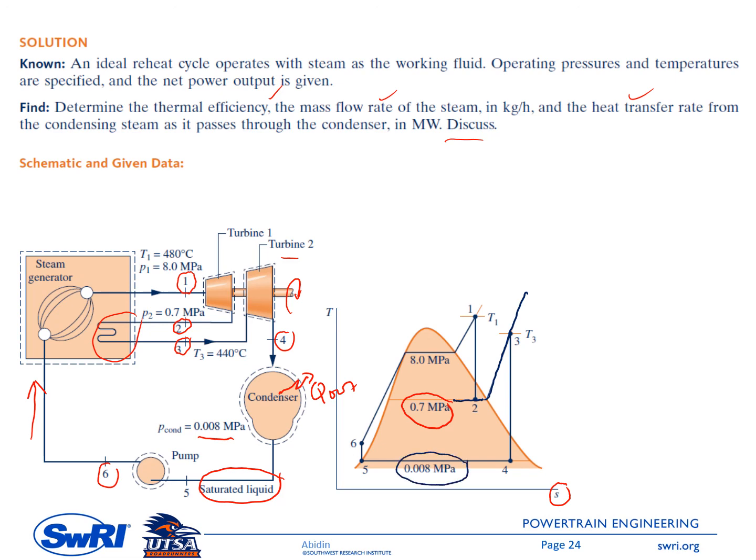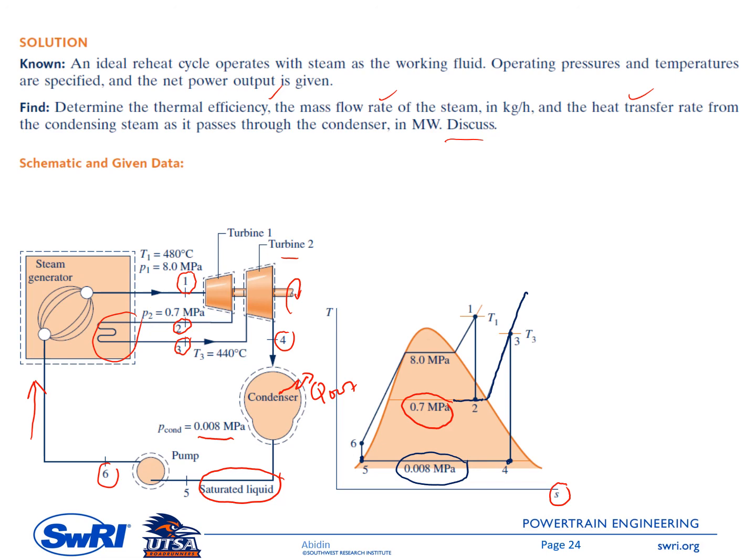Okay, good. And then inside the condenser there is heat transfer from the working fluid to the environment. Therefore state number 4 changes to state number 5. Between number 4 and number 5 they have the same temperature, but the energy decreases because there is heat transfer out of the working fluid.